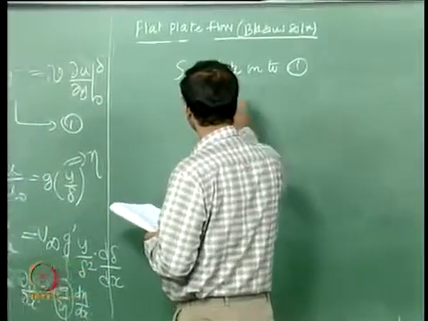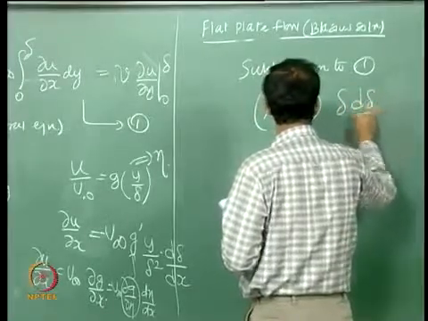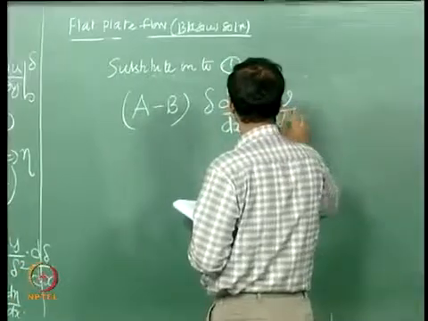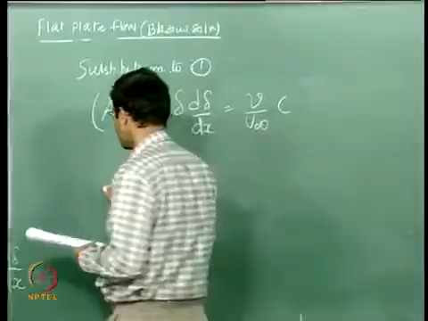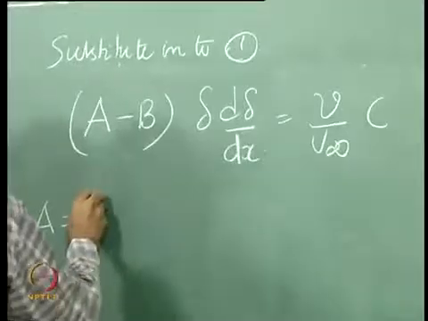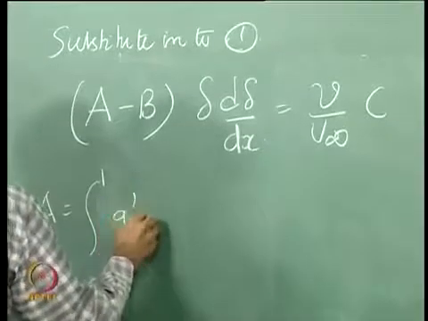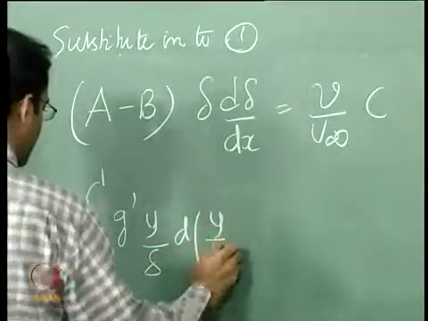You get something like a minus b into delta d delta by dx is equal to nu by u infinity times c. Now this a, b and c are constants, where A is equal to the integral from 0 to 1 of g prime of y by delta into d y by delta.